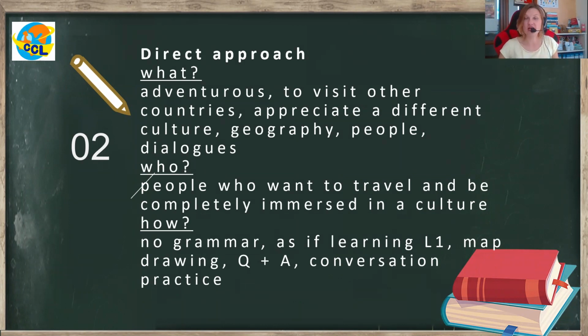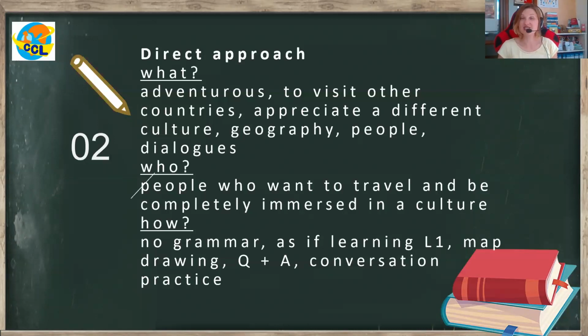What was it about? It was about dialogues and conversation, right? It was about being adventurous. So in order to appreciate a different culture, geography, people, it was about passages about how other cultures live. So that would be the content: maps, for example, or visual aids, objects, like my fabulous pen for today's Global Environment Day.